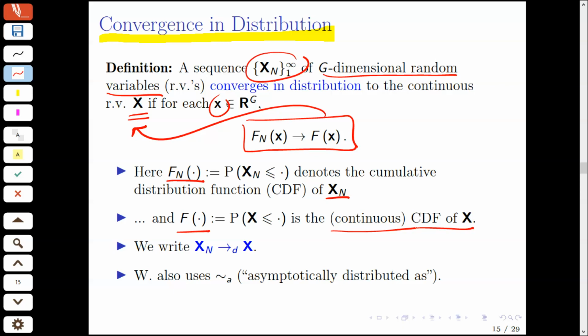That's what we mean by the random variable capital boldface X being continuous.